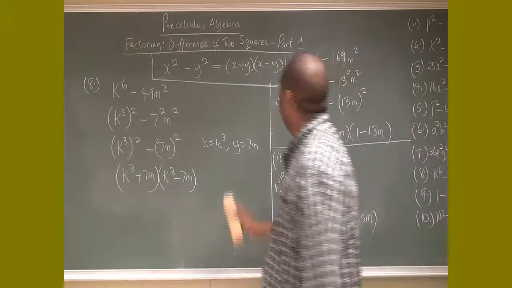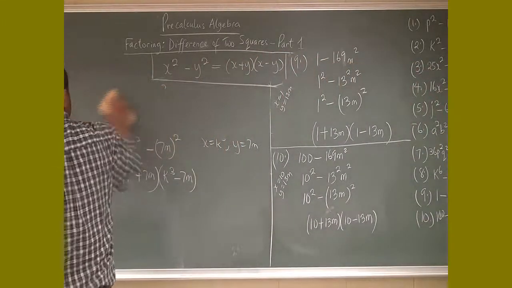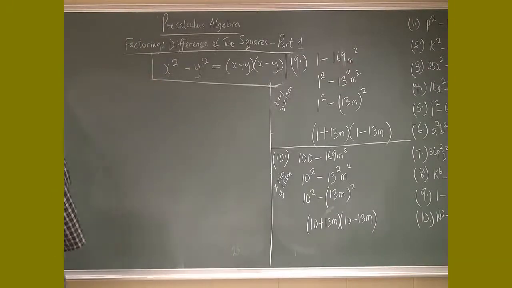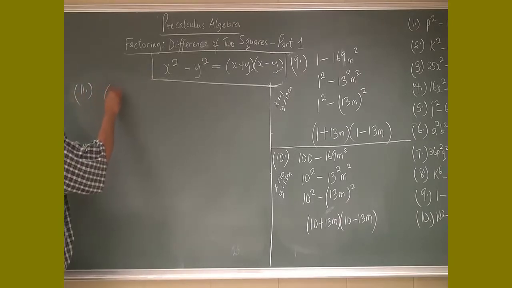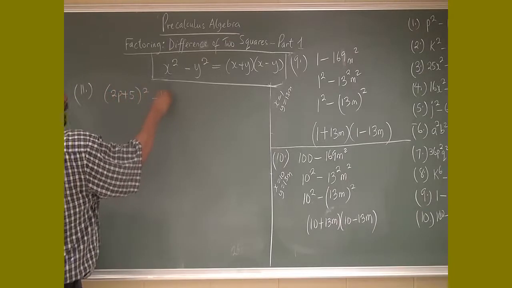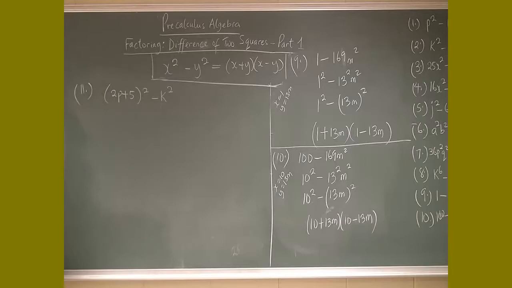Okay? Question 11. We're almost there. 2p plus 5 all squared minus k squared. Okay, don't be scared because you now see a binomial.